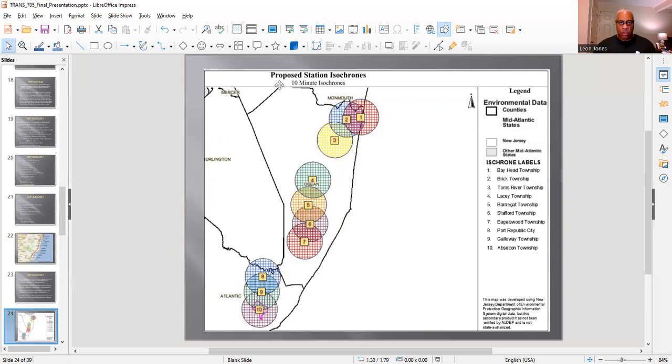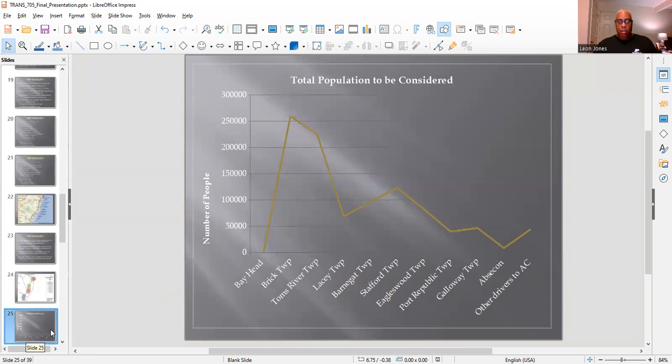Now, again, you're in Monmouth County, Ocean County, just short of Burlington County, and then Atlantic County. And then here's a graph with the total population to be considered. So there are a lot of factors that come into play when we're developing a project.